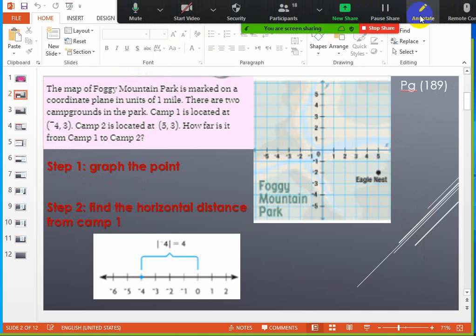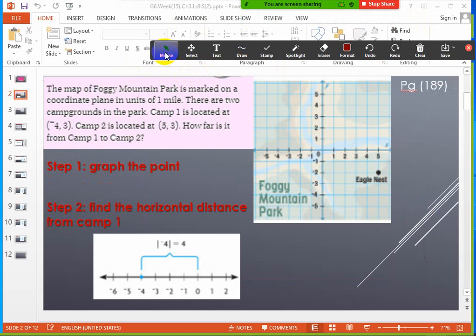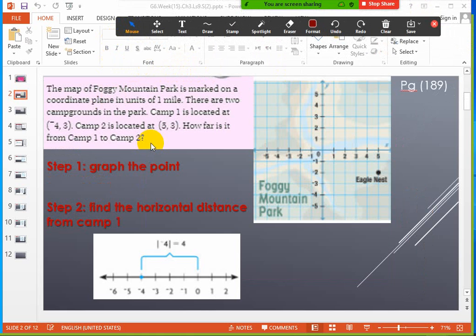So the first example on page 189. Okay, so we have two points here. Of course, you have a problem here. You can read it. This problem is: the map of Fuji Mountain Park is marked on a coordinate plane in units of 1 mile.